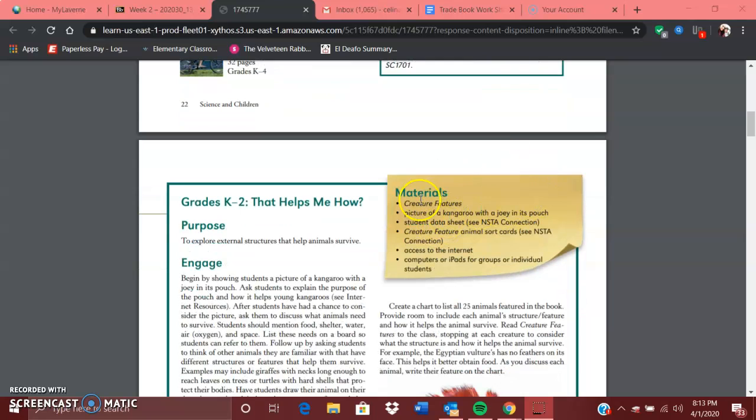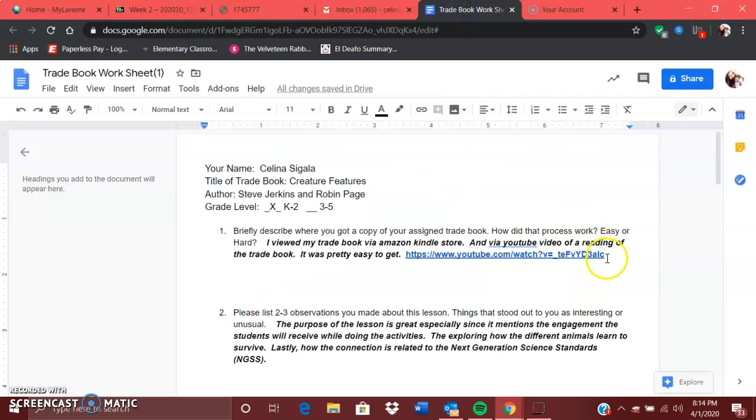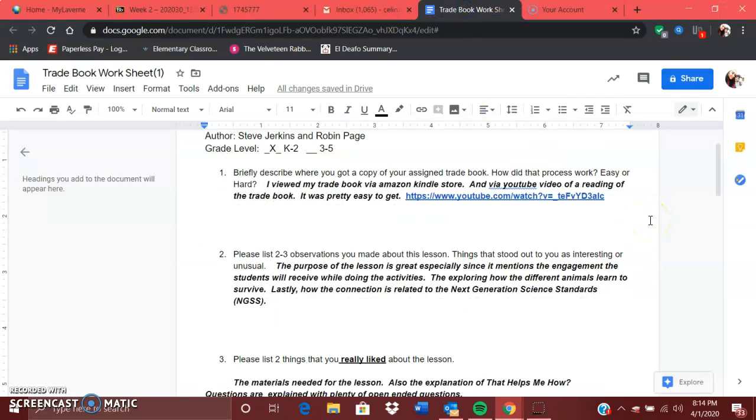These are the materials that you would need. The book, which is Creature Features by Steve Jenkins and Robin Page. It's for grades pre-K, it says on here, through third. This is how I found the book.